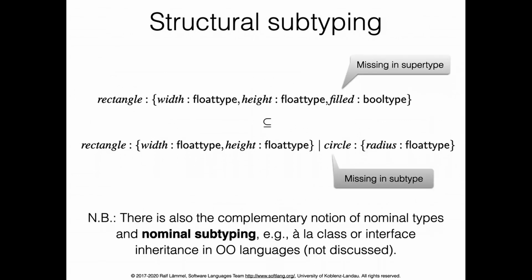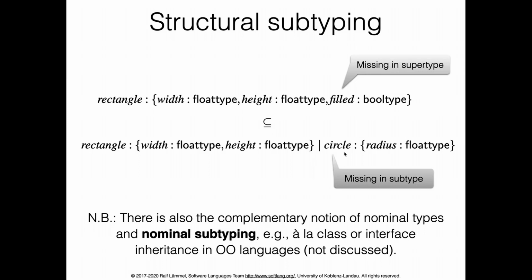So here's a somewhat more interesting problem, structural subtyping. Think about subtyping as in OO languages, for example, where you have something like interface polymorphism or subtyping based on subclassing. So we want to do something similar here.